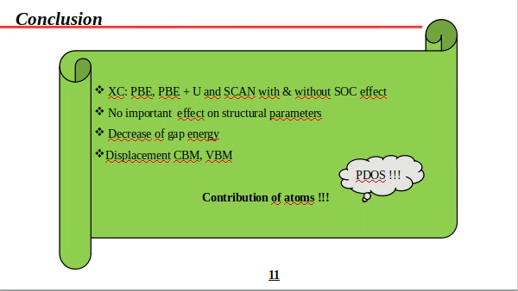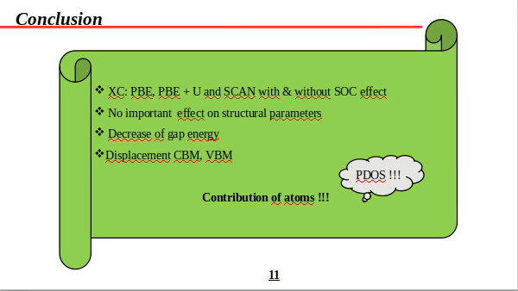So finally, our aim in this work is making a quantitative and qualitative study of the spin-orbit coupling effects on the structural and electronic properties of these compounds, which are classified as transparent conductors, using different exchange correlation approximations.